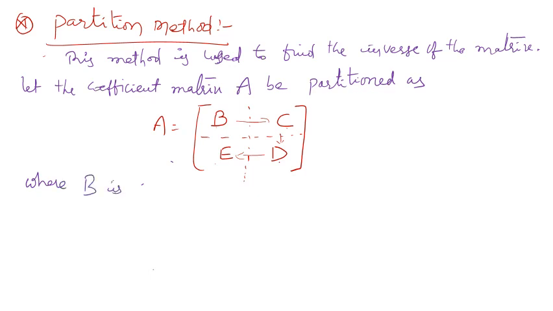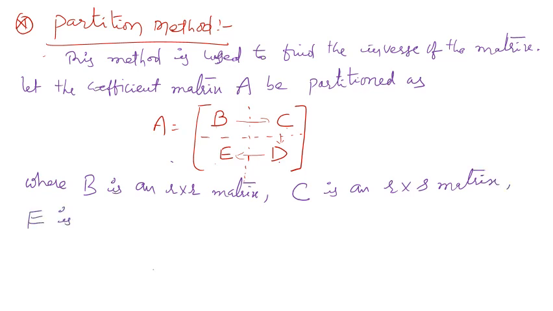Where capital B is an r by r matrix. Capital C is an r by s matrix. Capital E is an s by r matrix.